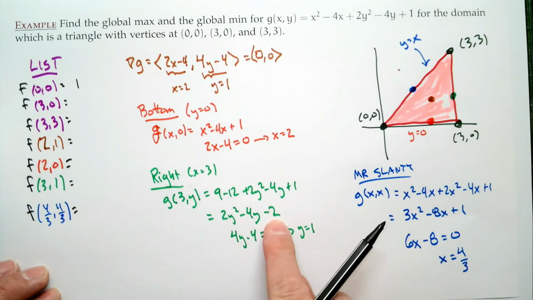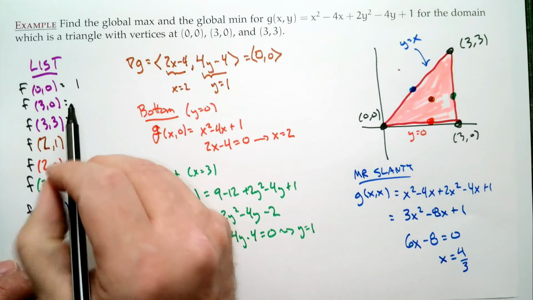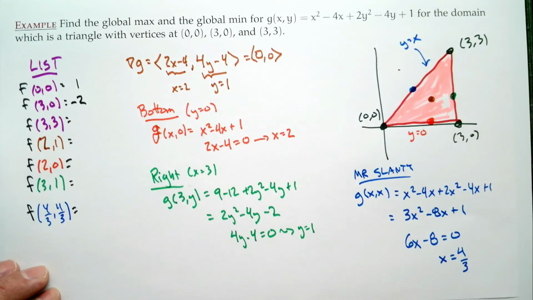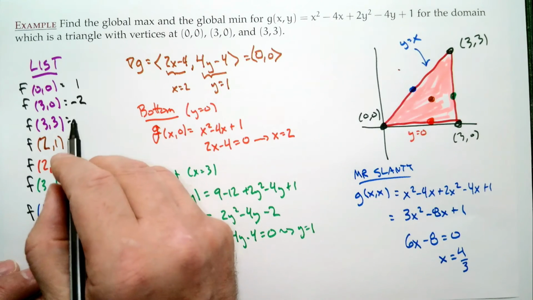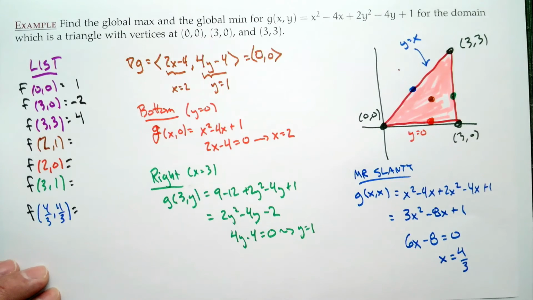I think we'll get negative 2. (3, 3), what do we get? Well, if we come here and plug in 3, we get 2 times 9, 18, minus 12, minus 2. So what was that, 4? Sounds like 4. I'll put 4.